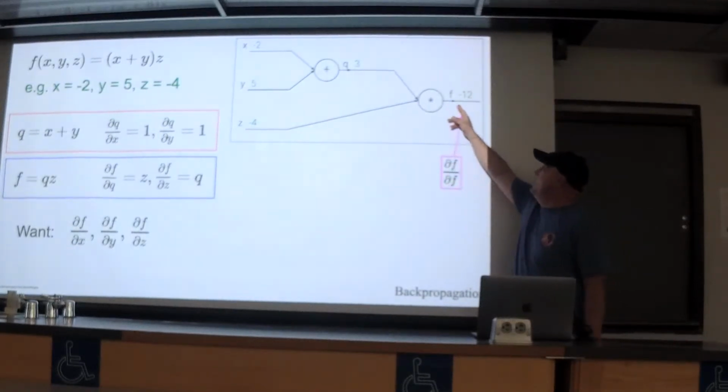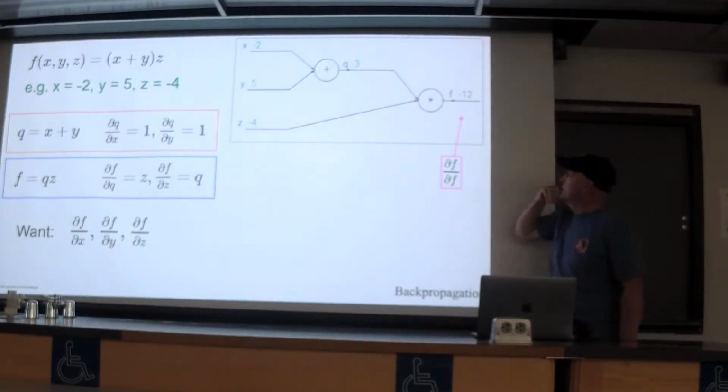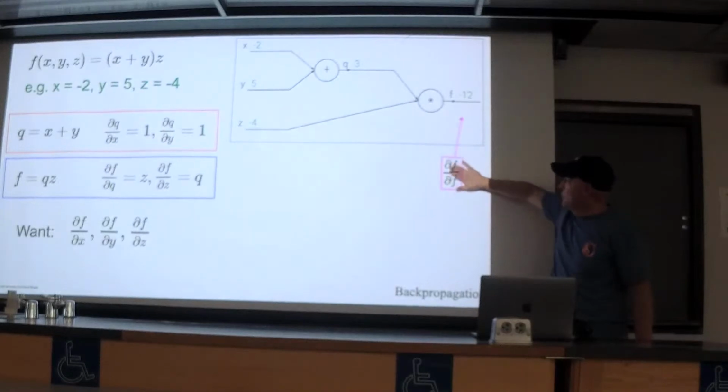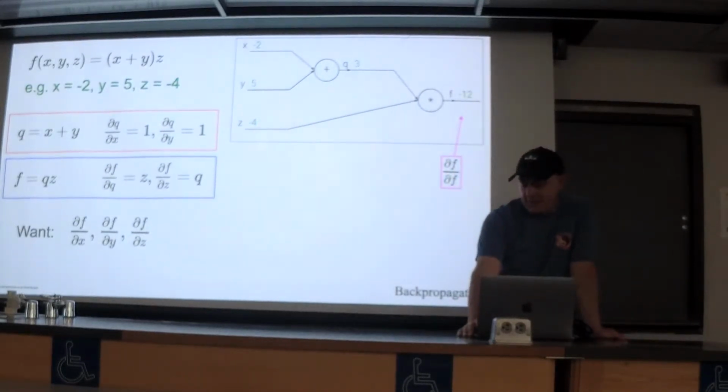Well, the input at this stage is just itself. So this algorithm initializes itself by saying, what's the rate of change of f with respect to f? Yeah, just 1. It's maybe a little bit silly, but this is how we initialize this.